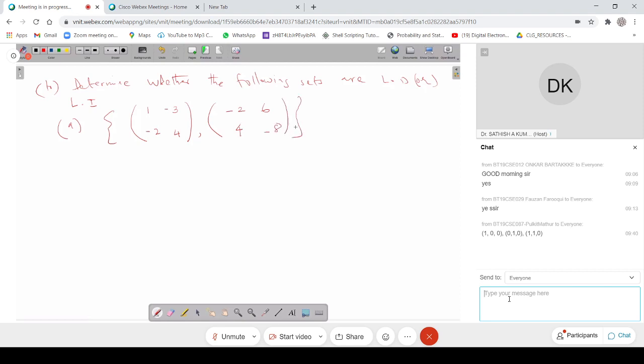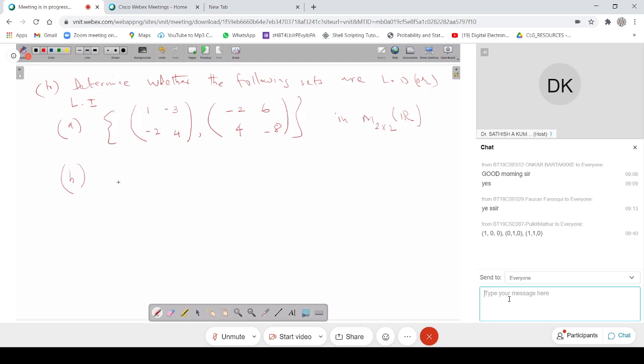So these are the 2 by 2 matrices we have given. Let's say this is vector 1 and this is vector 2. So this is a vector in 2 by 2 matrix notation, with real entries. This is the notation, and we can change these matrix numbers also.